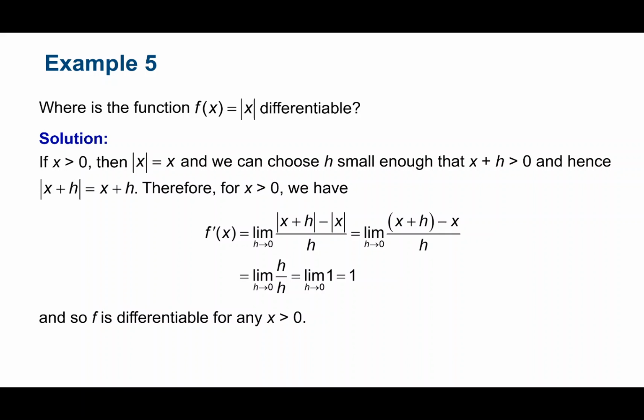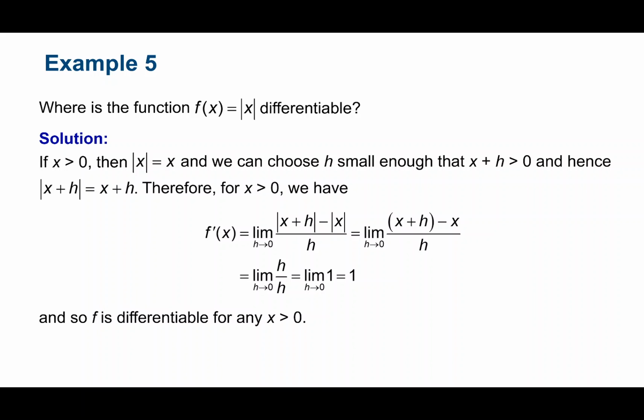So that's saying the slope of our tangent line is going to be 1 anytime we have a positive x value. And that's true, if you think about it, it's the y equals x part. So that has a slope of 1. Our tangent line will have a slope of 1. Straight line, so it's a little easier.